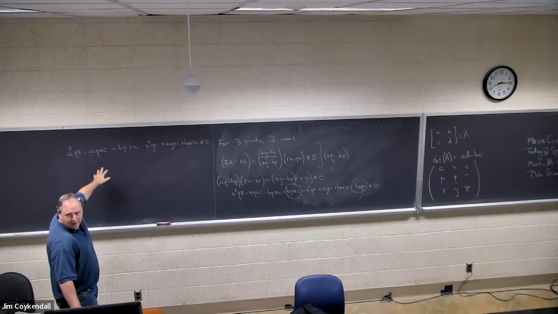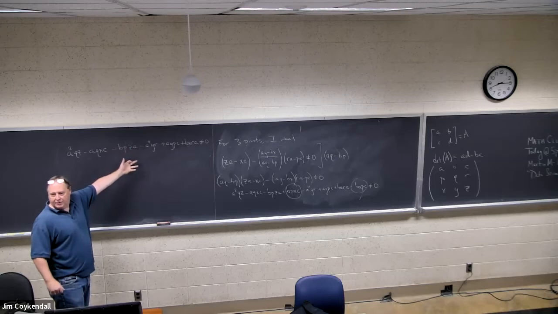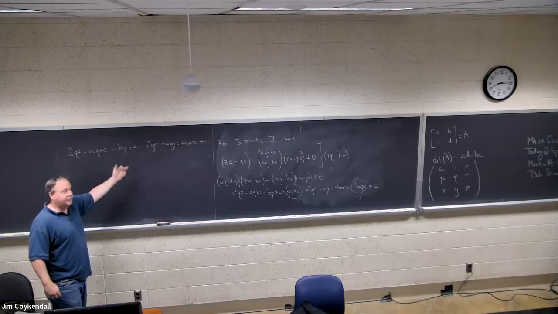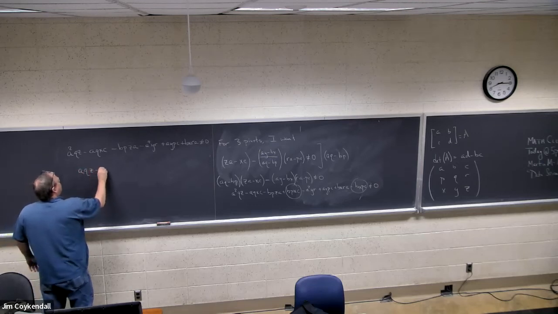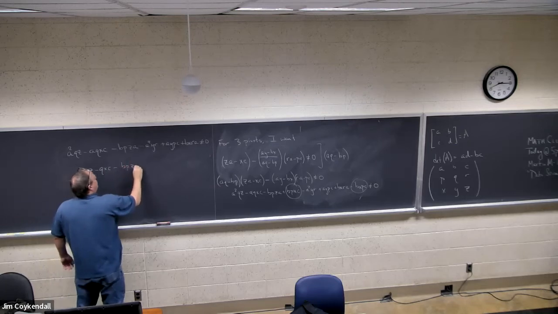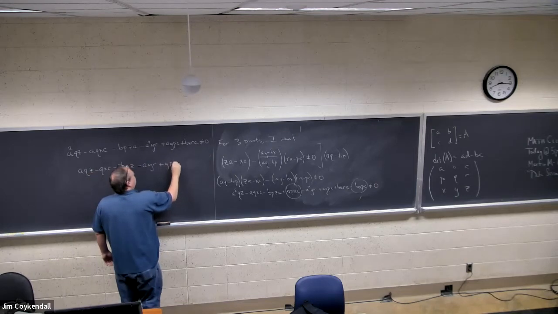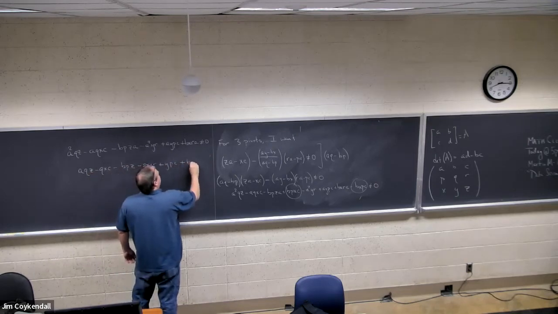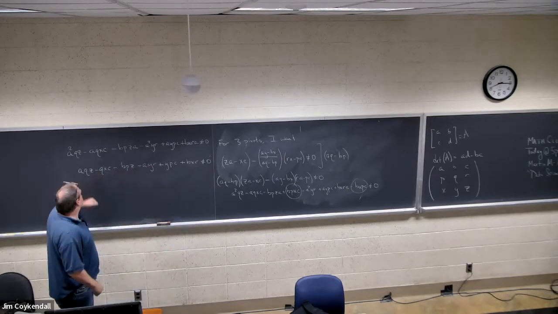So pull that A out, and A times whatever is left over is not zero. Since A is not zero, this means that AQZ minus QXC minus BPC minus AYR plus YPC plus BXR is not zero, because A is not zero.